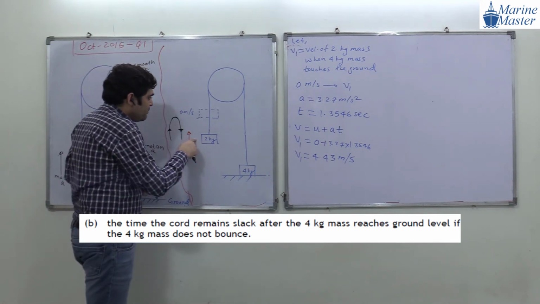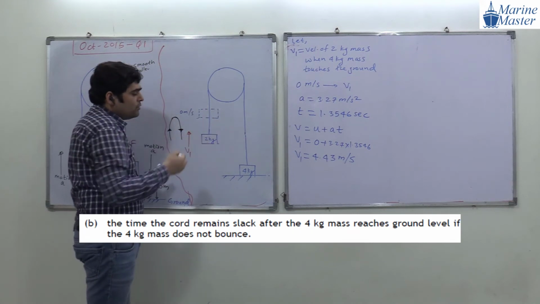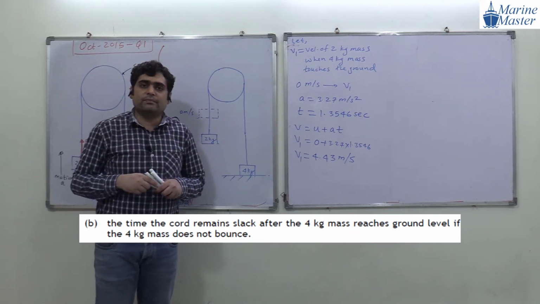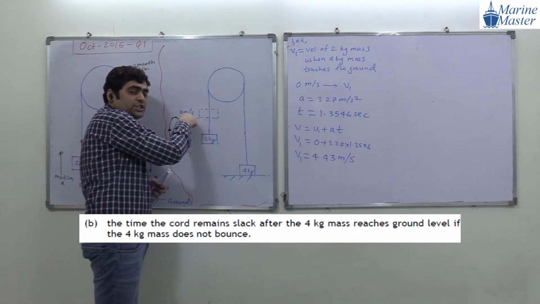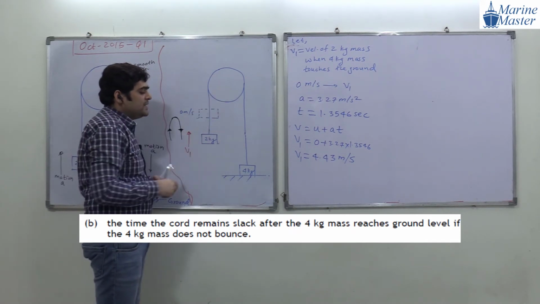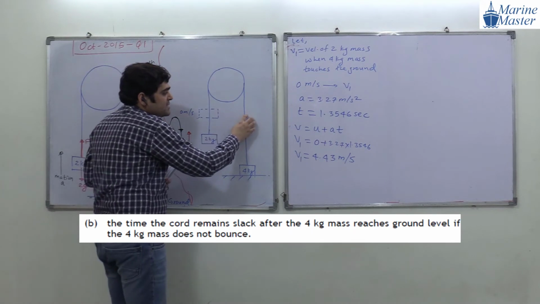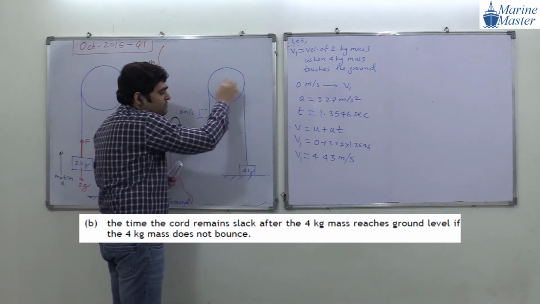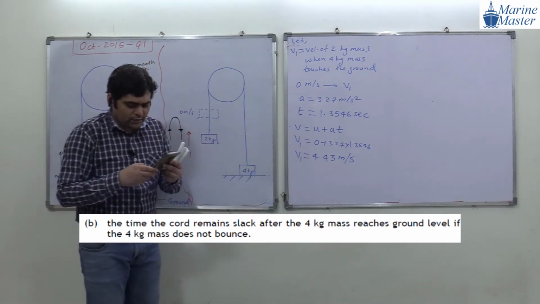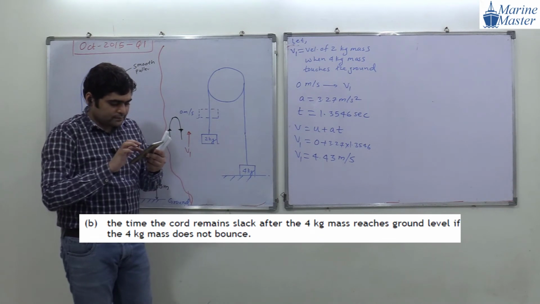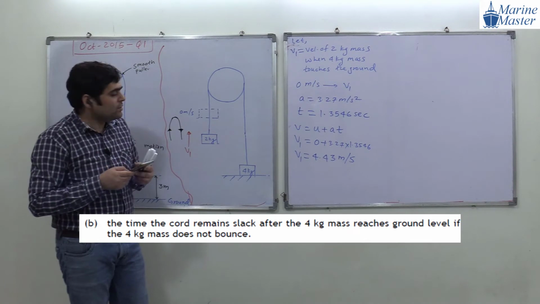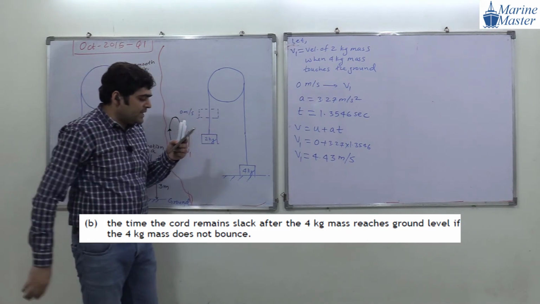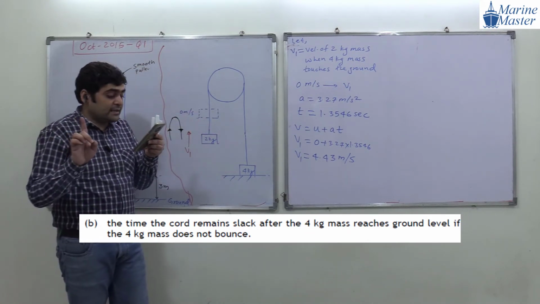Now what is the speciality of this scenario, from velocity v1 to 0 and again coming down? During that motion from velocity v1 to achieving velocity 0, what is happening to this cable or wire? What did they say in the question? Cord.